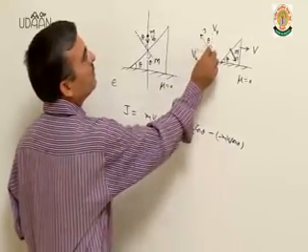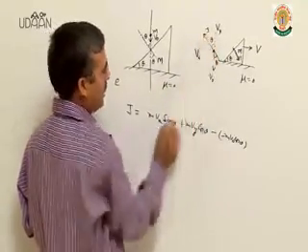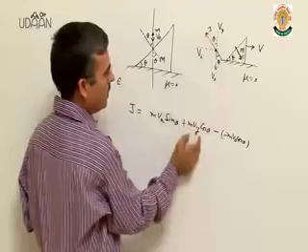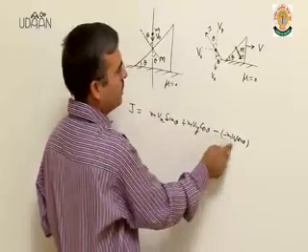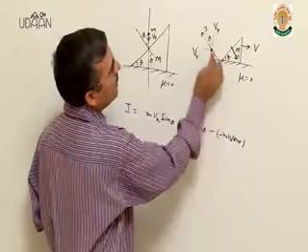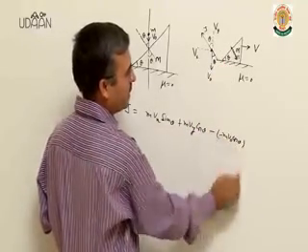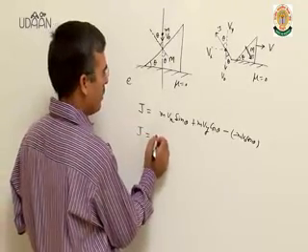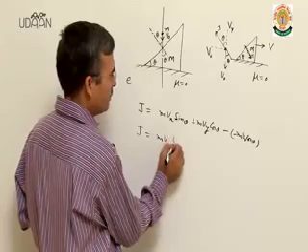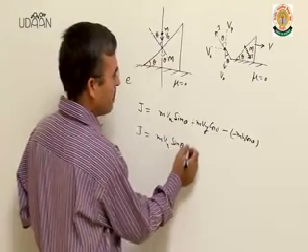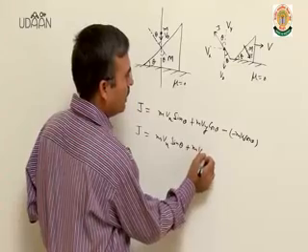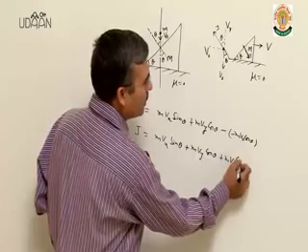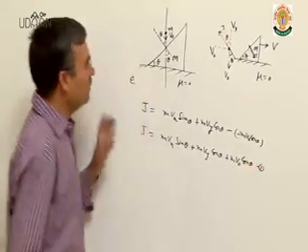So final momentum is m vx sin theta component plus m vy cos theta component, minus initial momentum m v naught cos theta, which is negative here. So J equals small m vx sin theta plus small m vy cos theta plus small m v naught cos theta. Let this equation be equation 1.